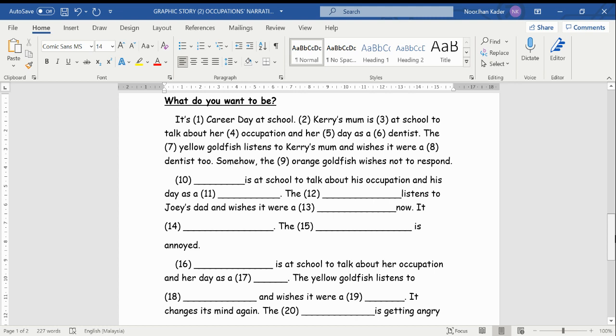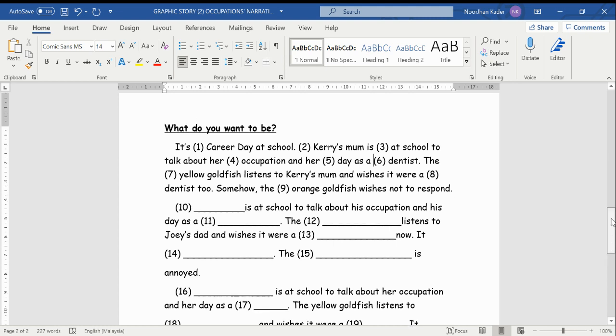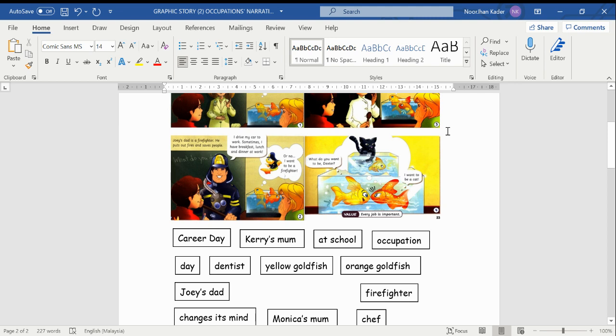Okay, let's look at the second paragraph. Dash is at school to talk about his occupation and his day as a dash. Okay, this is the second paragraph. Let's read. Joey's dad is a firefighter. He puts out fires and saves people. Okay, this is his speech. This is what he says.